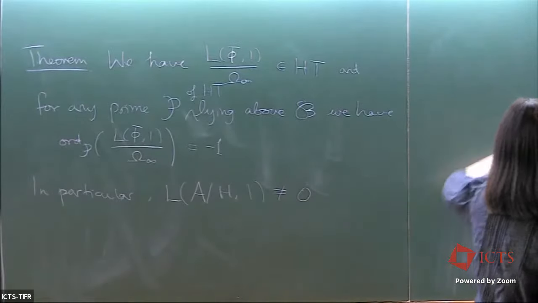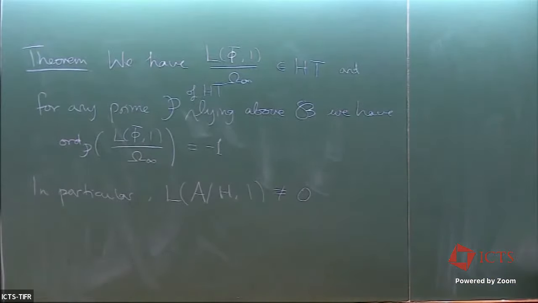So now we need to... Excuse me, what was omega infinity? This is a complex period coming from the Néron differential of A over H. Over H. Yes. Okay. Thank you.